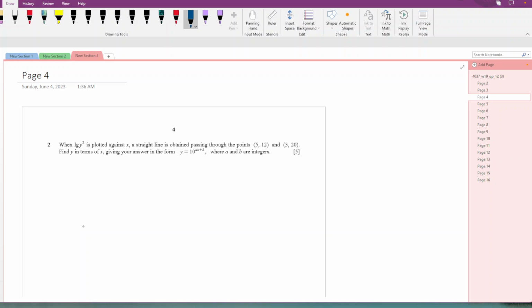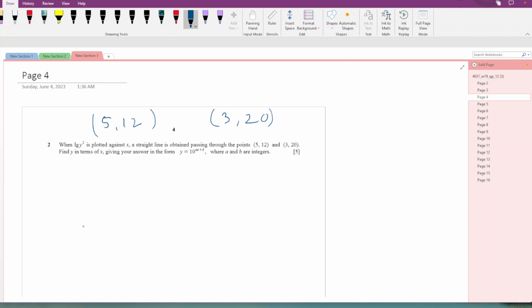Here 2 points of the straight line are given, (5, 12) and (3, 20).